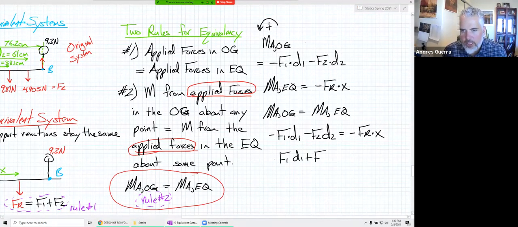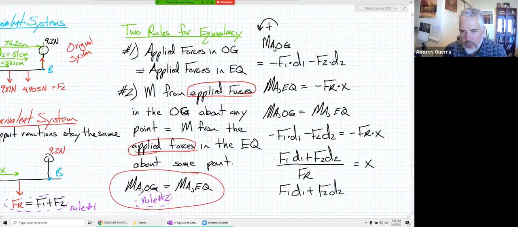So F1 D1 plus F2 D2 divided by FR is equal to X. Or F1 D1 plus F2 D2 divided by F1 plus F2 is equal to X.